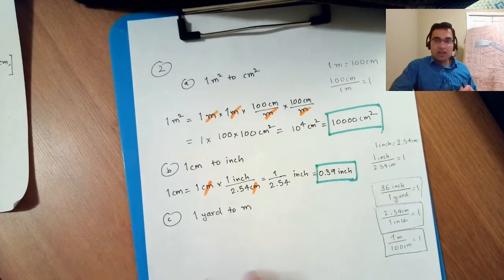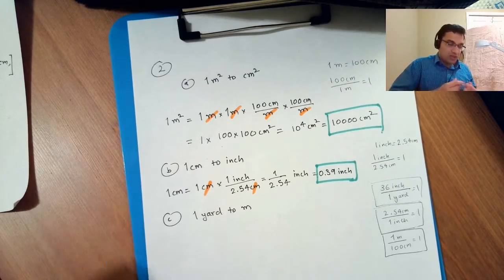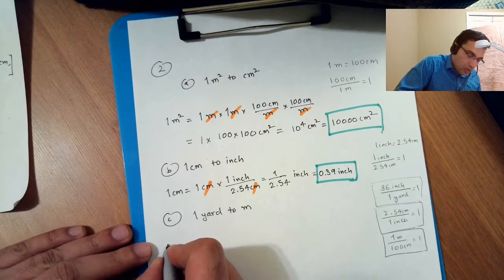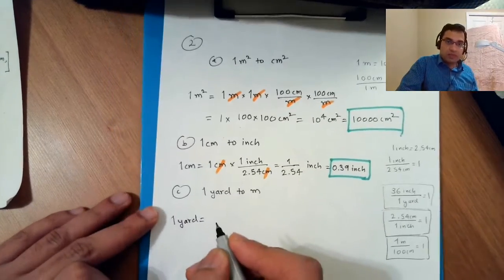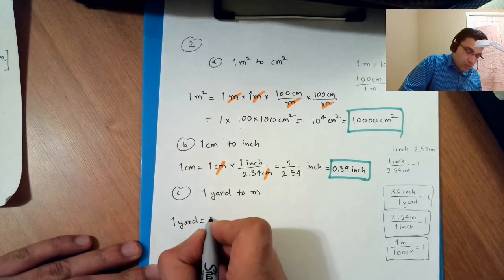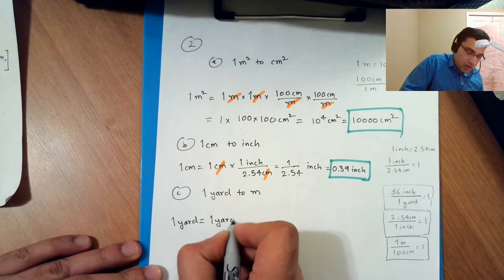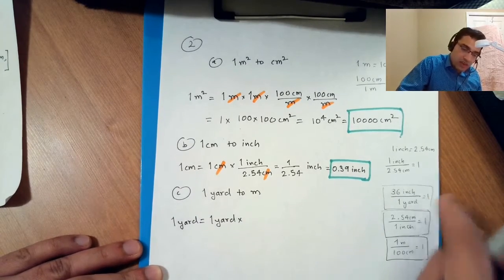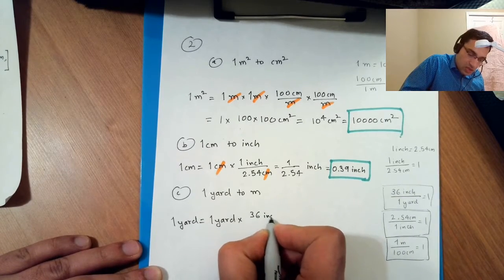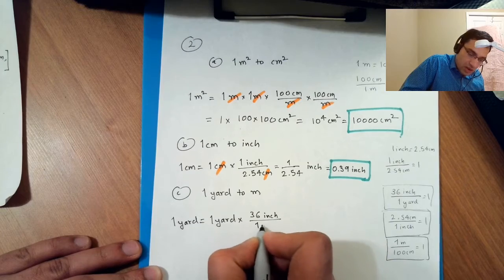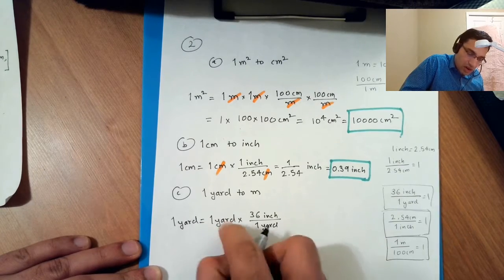All right, so you have done this long complicated thing. How do you actually solve it? You say 1 yard equals, I'll write it here again, 1 yard times this factor, which is 36 inches divided by 1 yard. So this will get rid of the yard.